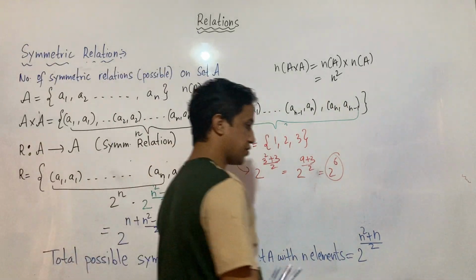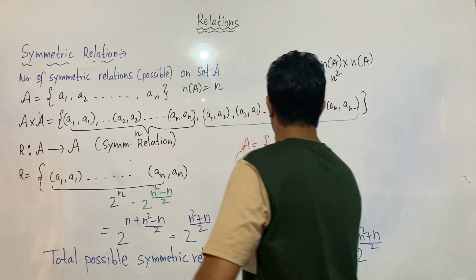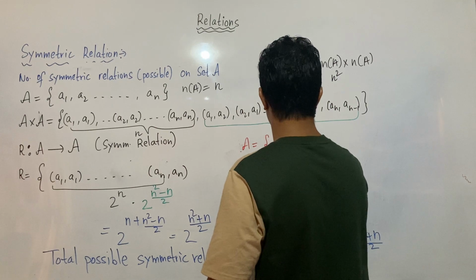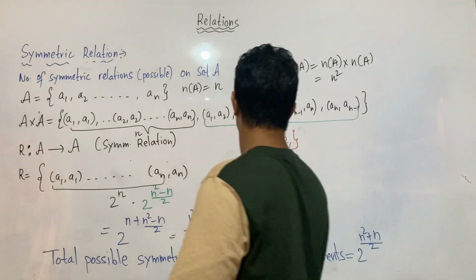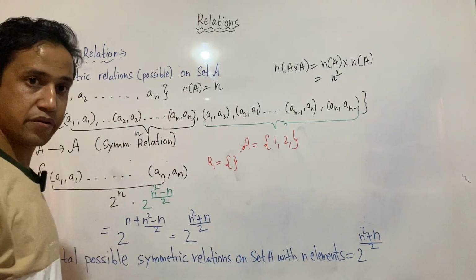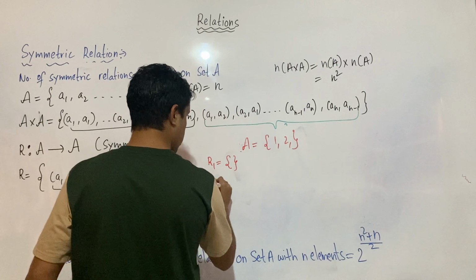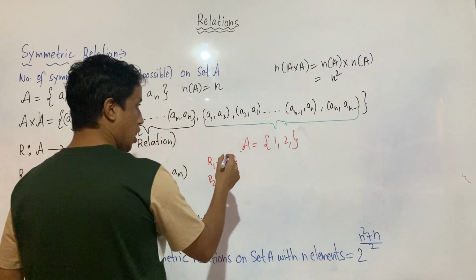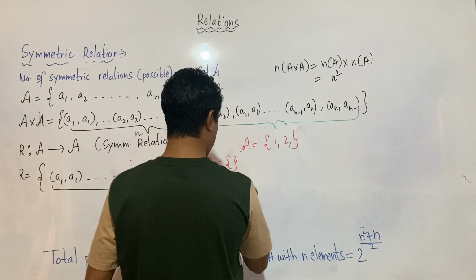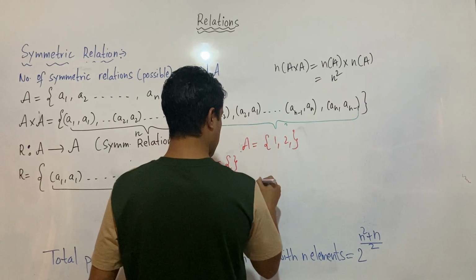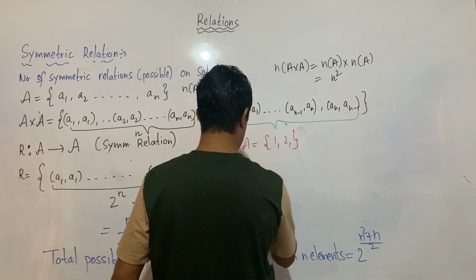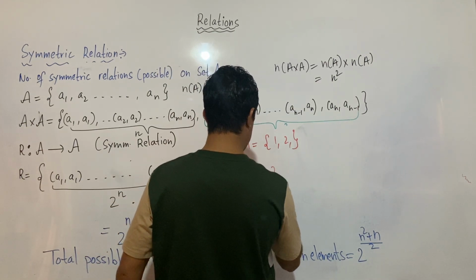Okay, let's say that here you have just 2 elements, 1, 2. Then how many total symmetric relations are possible? Okay, so it could be, let's say R1, first the empty relation, right? Then R2 could be (1,1) and (2,2), right?